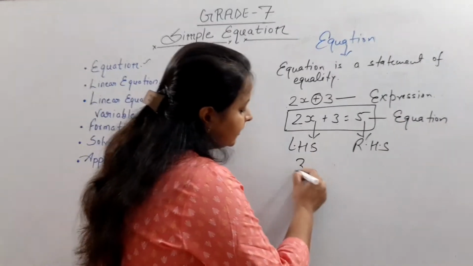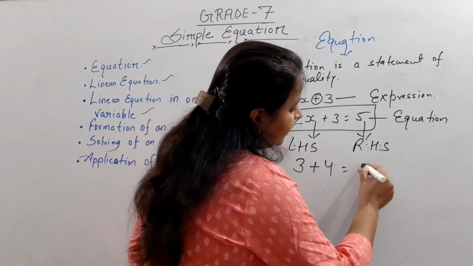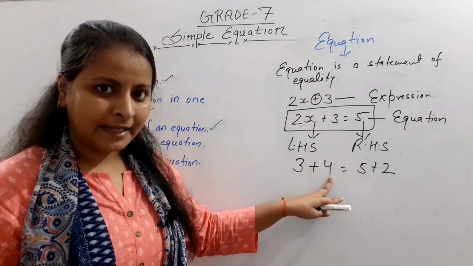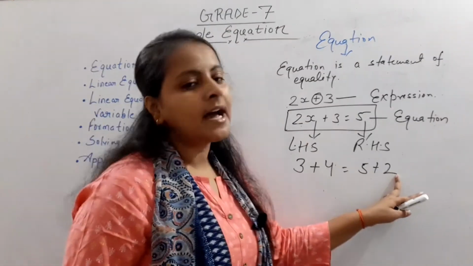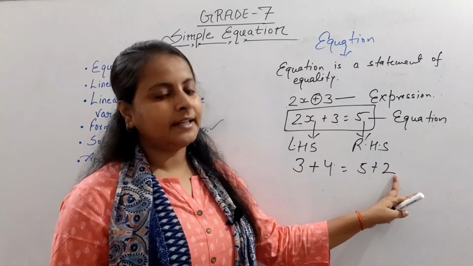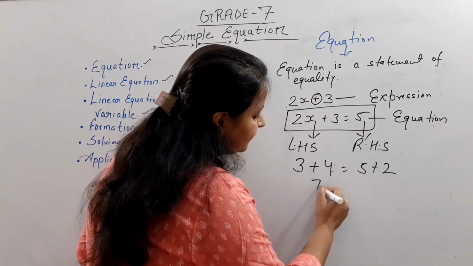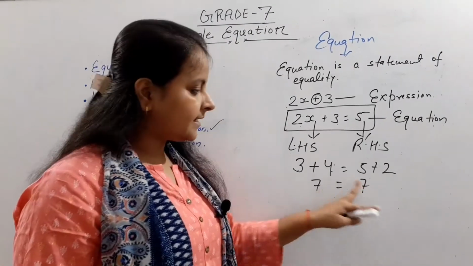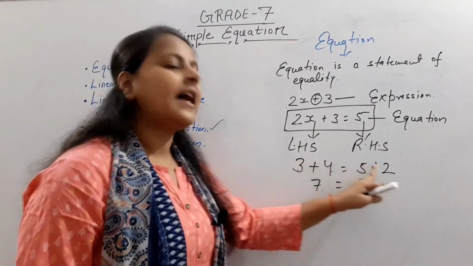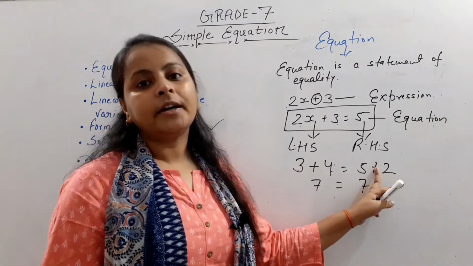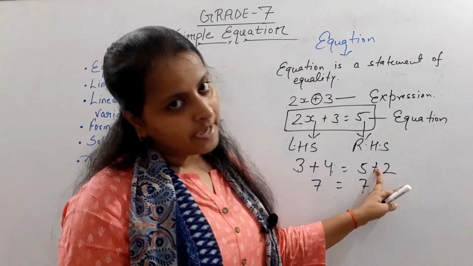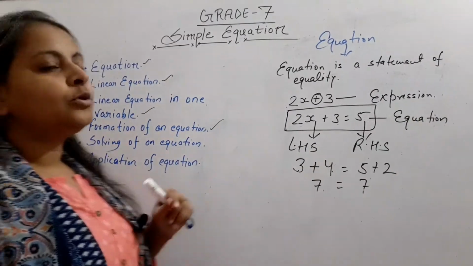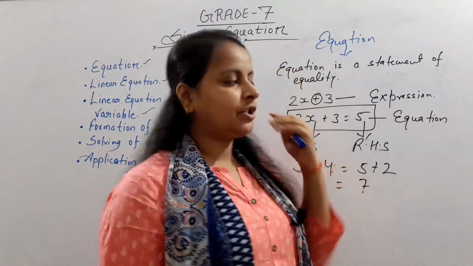If we write 3 plus 4 is equal to 5 plus 2, 3 plus 4 is a mathematical statement, 5 plus 2 is also a mathematical expression, and 3 plus 4 is equal to 7 and 5 plus 2 is equal to 7. The LHS is equal to RHS. This is an equation, but this equation does not consist of a variable.